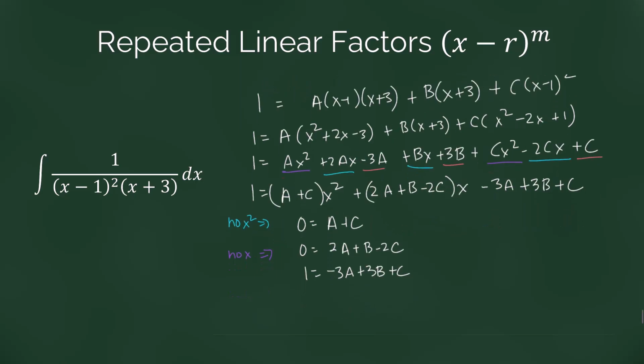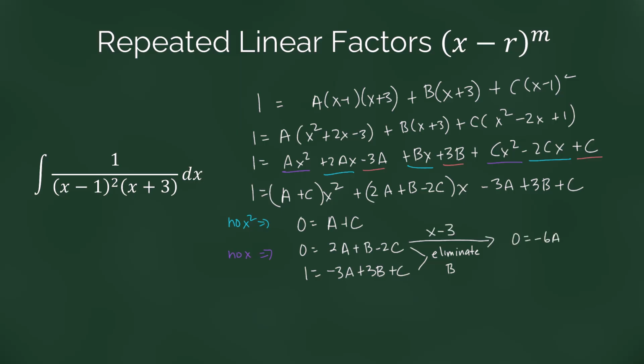Okay, now we have a system of 3 equations in 3 variables, which we're going to solve. So I'm going to notice that if I combine these two and I eliminate b, I can then use that in conjunction with the first equation to figure out what a and c are. So to eliminate b, I'm going to multiply the top equation times negative 3.